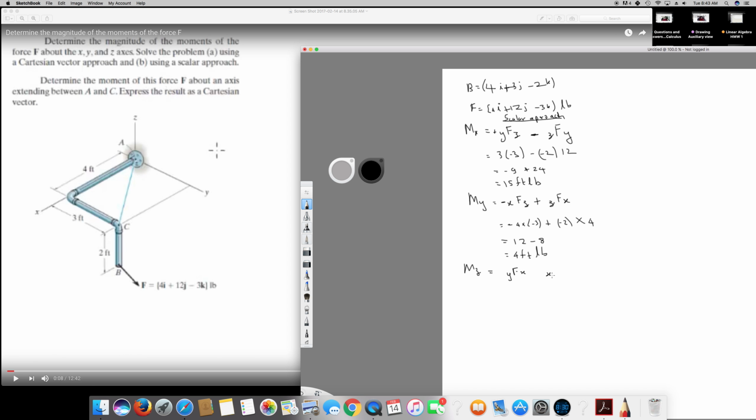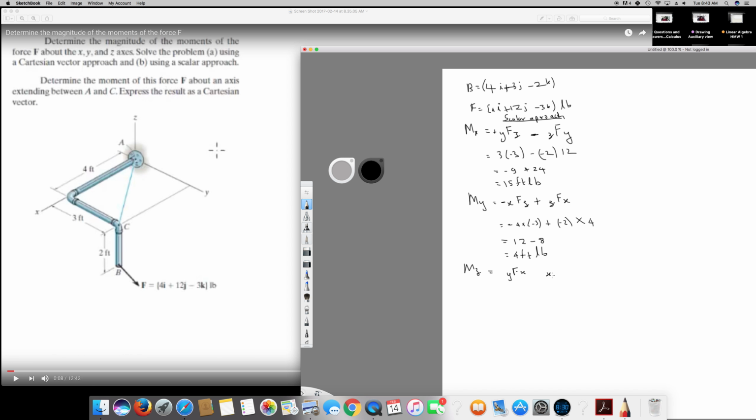The other one is 0 times 4 is 0, 0 times negative 3 is 0, so positive 24 minus 9 is going to be 15 foot-pounds. So if you check with the scalar approach, we get the same answer. So that's how we got it.